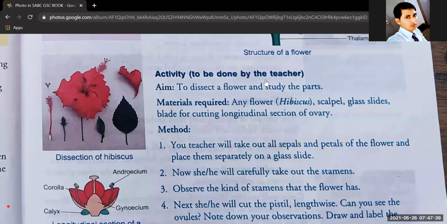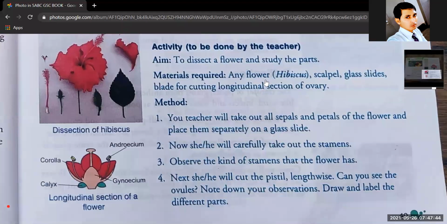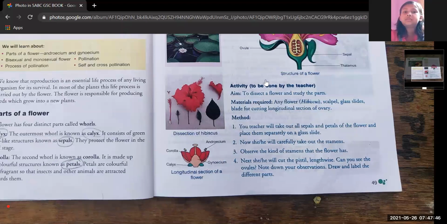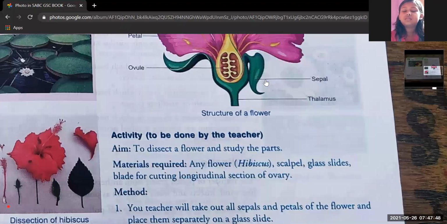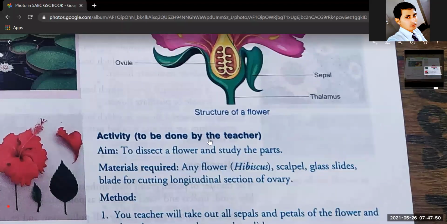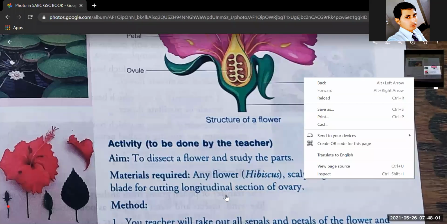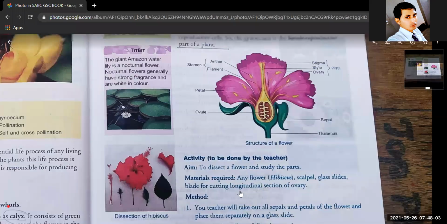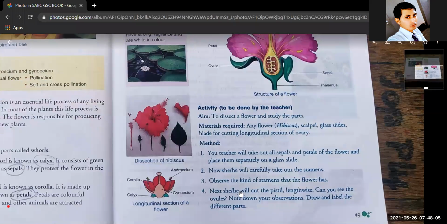Then you can understand from there in a better way, where I will explain all those things. It is written clearly here that it is to be done by the teacher. If I get time, I will make a YouTube video on this so that you can understand better. Okay, now come to the next page, page number 50.